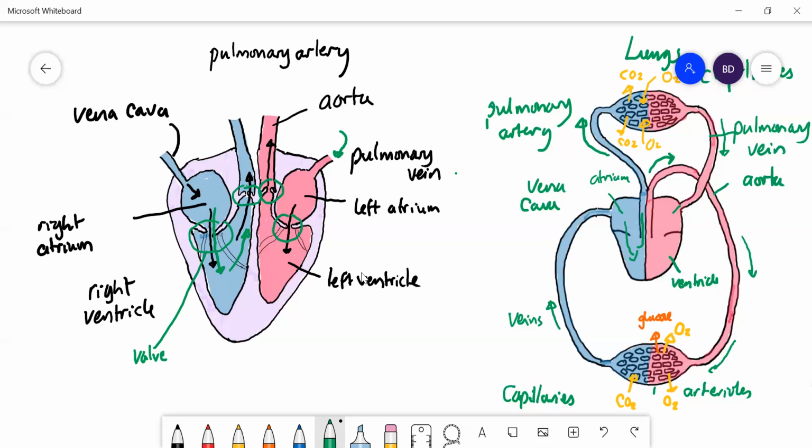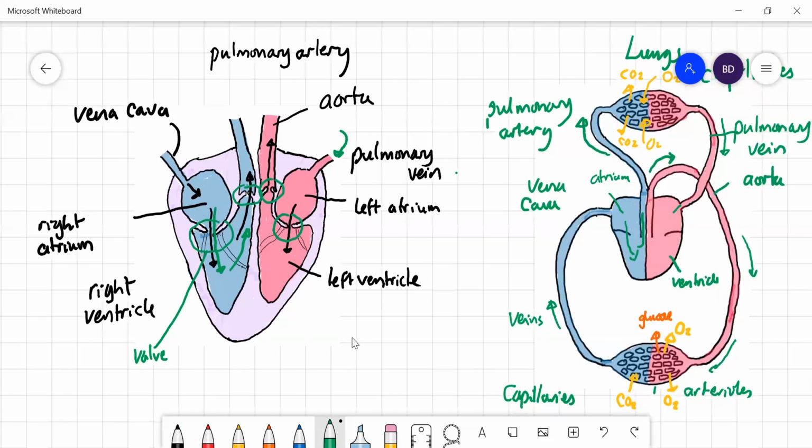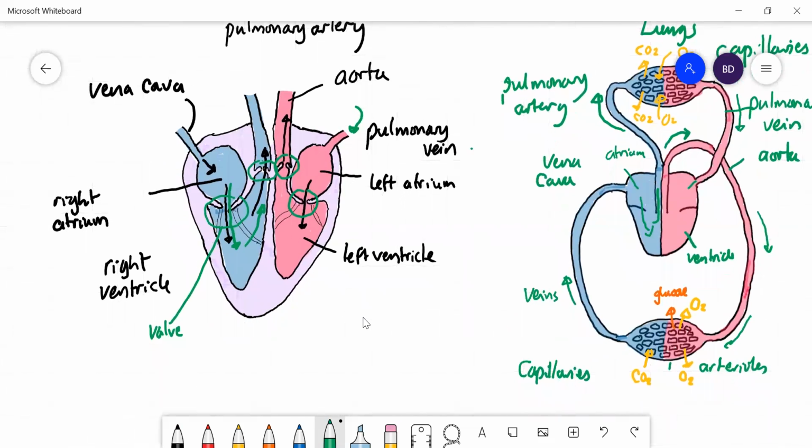Just talk about something else which is found in the right atrium. Okay, in the right atrium, there is a group of cells, actually down here, called a pacemaker. Right, and the pacemaker controls how fast your heart beats.